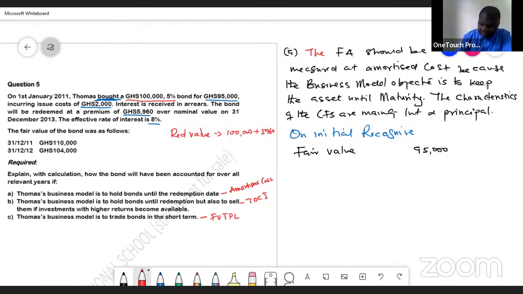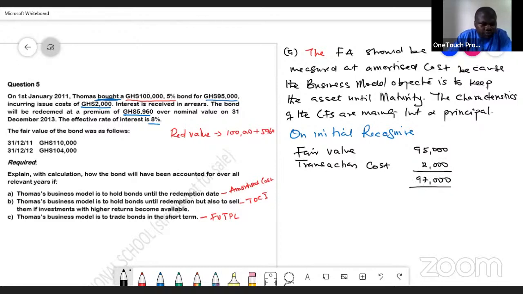Okay. So there's a transaction cost of 2,000. So you say transaction cost, we add 2,000. So that will give us 97,000.